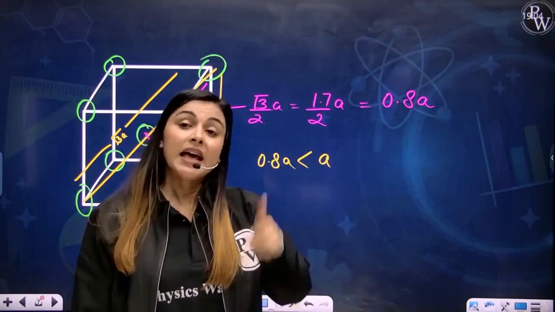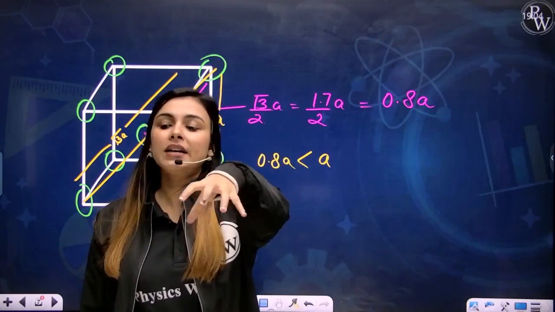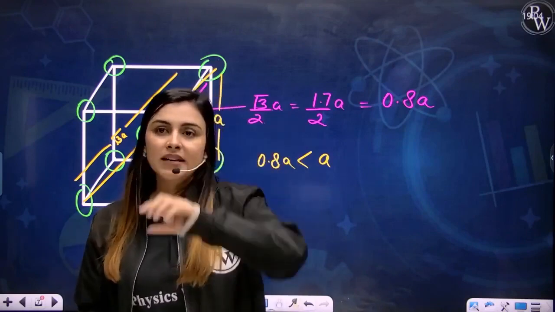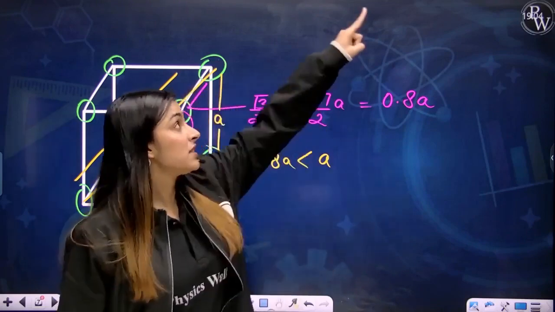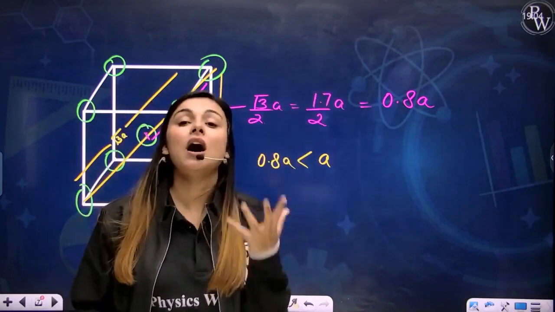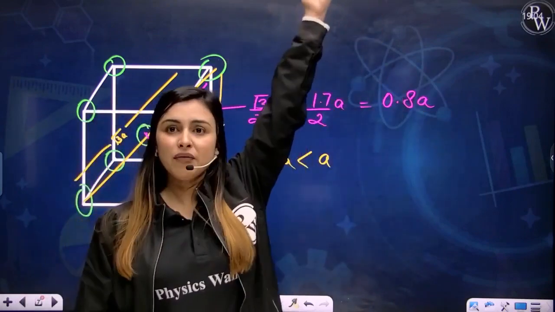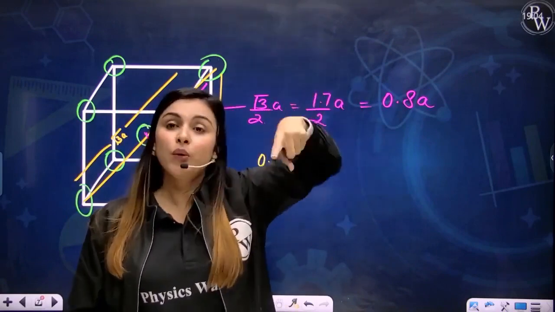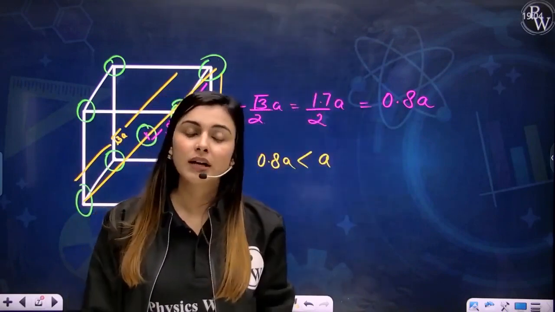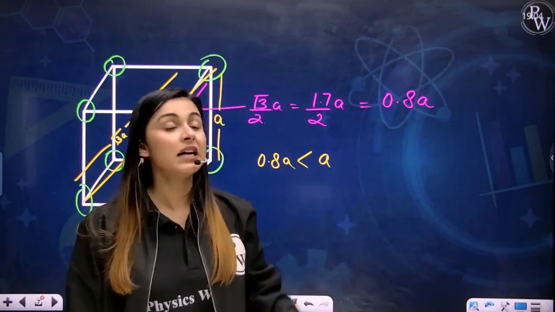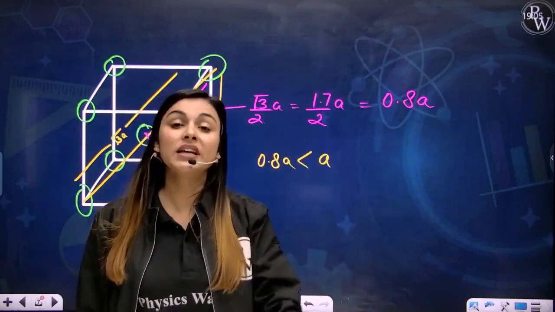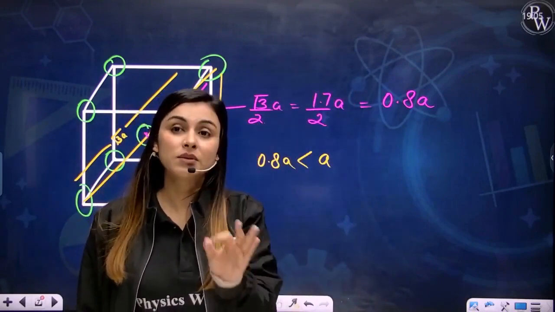Every unit cell will have an atom at the body center. This corner is in touch with how many cubes? 4 are these and 4 are above. And each unit cell will have an atom at the corner. This means that it will be in contact with 8 corner atoms together.